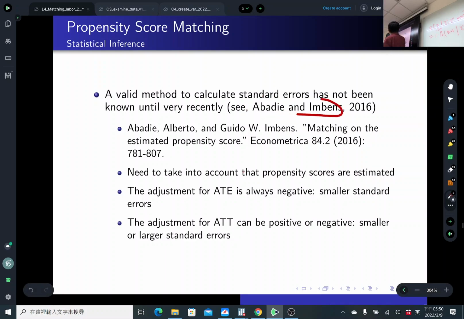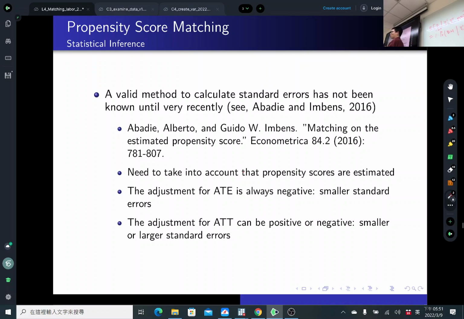These two scientists developed the formula for the asymptotic distribution and for calculating the standard error of the propensity matching. After their contribution, we can know whether this propensity matching estimate is significantly different from 0 or not.